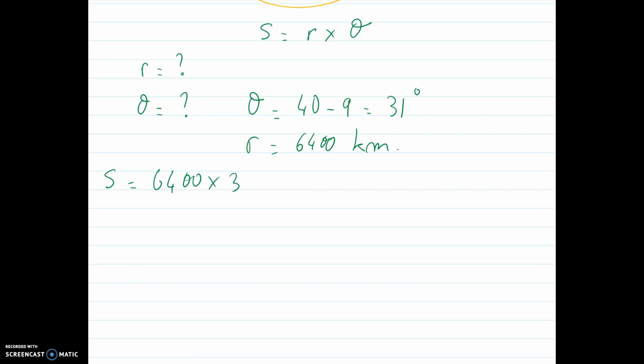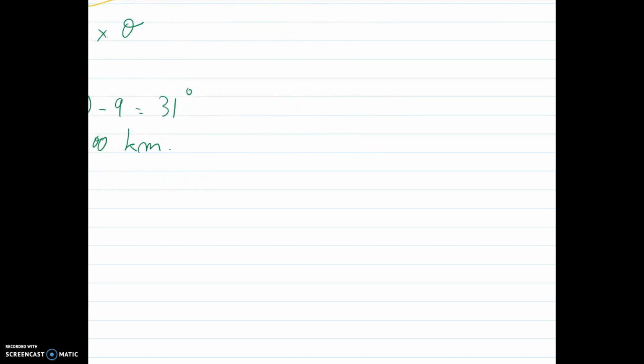6,400 multiplied by 31 degrees. No, not multiplied by 31 degrees. Remember, you need to convert your angle into radian. Therefore, knowing that 2 pi radian corresponds to 360 degrees, 31 degrees corresponds to x radian.